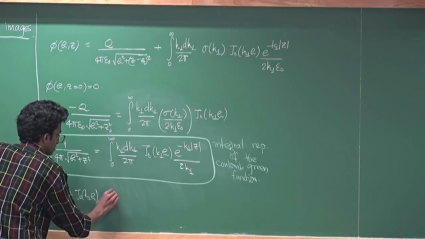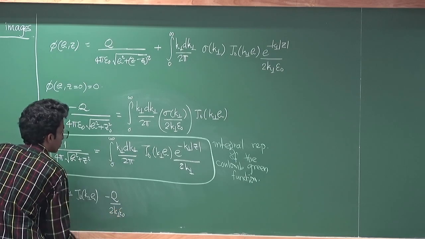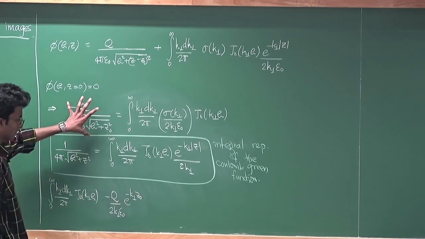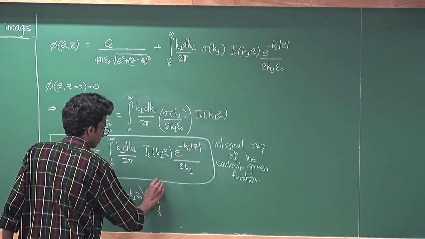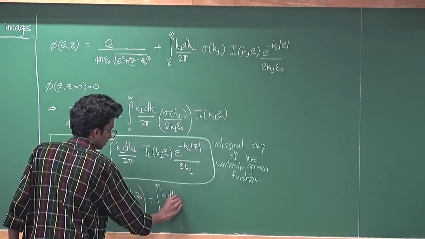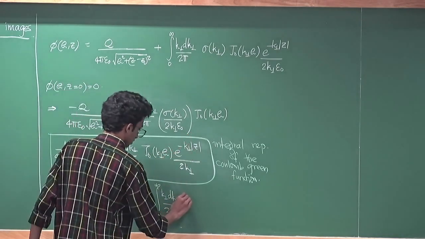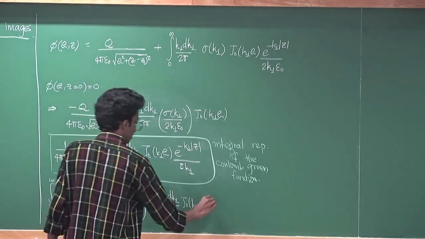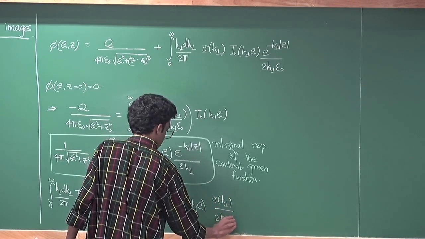So you get minus q over 2k perpendicular epsilon naught e to the minus k perpendicular z naught, that's this side of the equation, equal to the integral from 0 to infinity of k perpendicular dk perpendicular over 2 pi J naught of k perpendicular rho sigma of k perpendicular over 2k perpendicular epsilon naught.